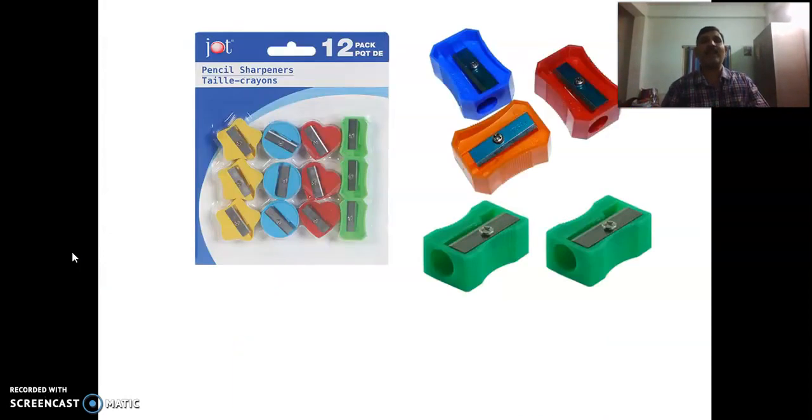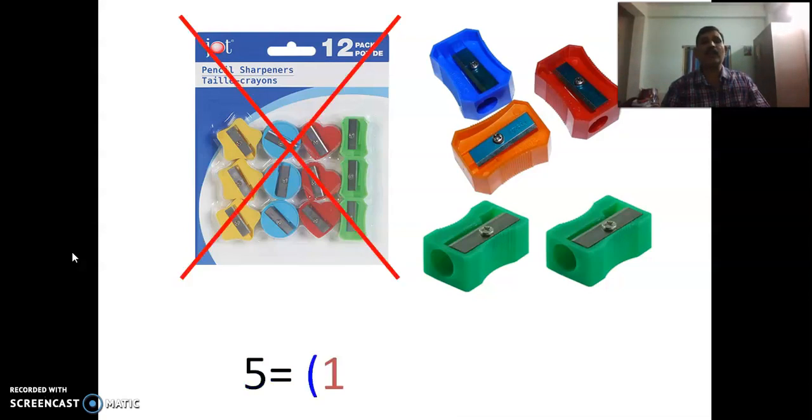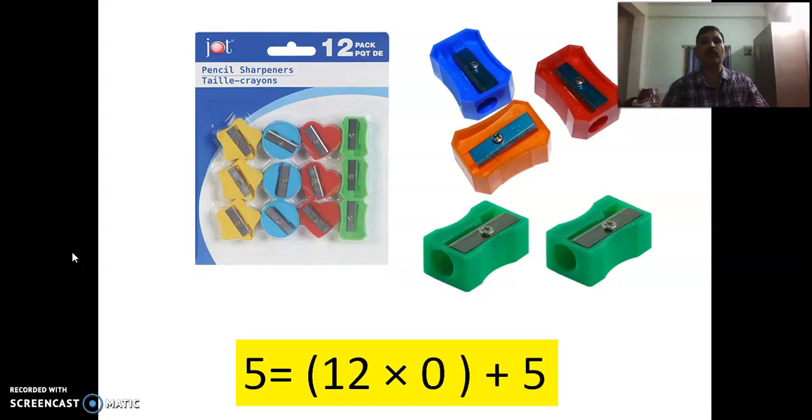And likewise, if you consider now each packet contains 12 sharpeners, but we did not buy any packets, only 5 sharpeners separately we bought. So we can observe that 5 is equal to 12 into 0 plus 5. Though the packet contains 12, no packets are bought, so 12 into 0 plus 5.